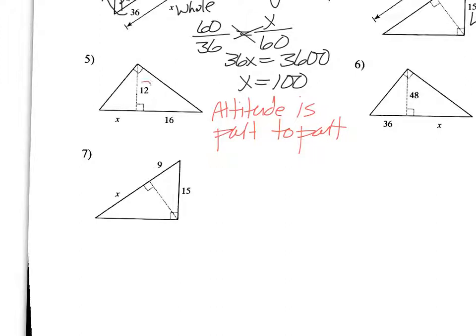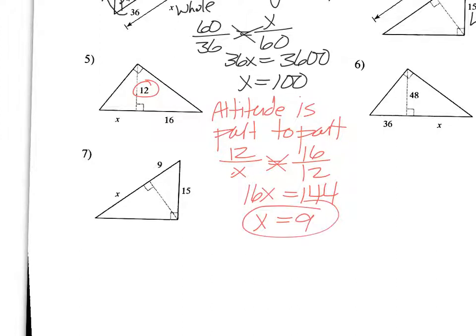So 12 is our altitude, so it goes down twice. Our parts are x and 16. So we cross multiply, we get 16x equals 144. Divide by 16, and we get 9.